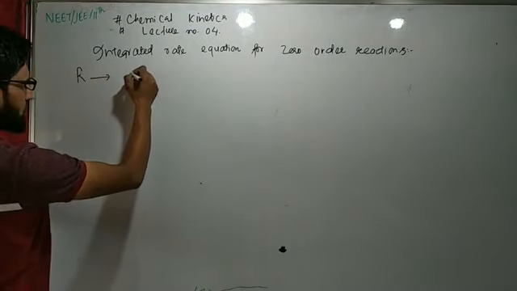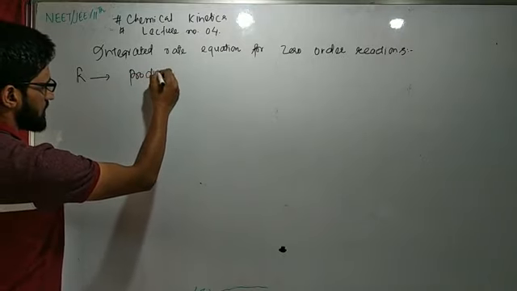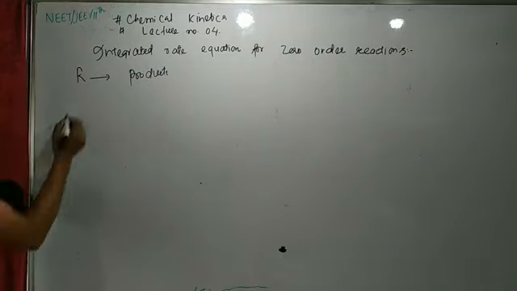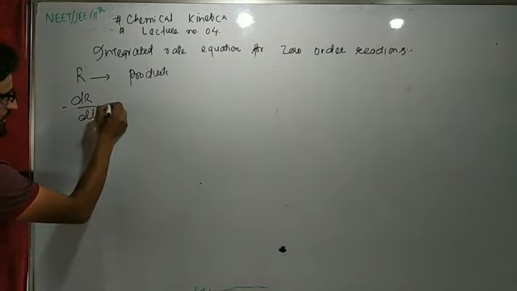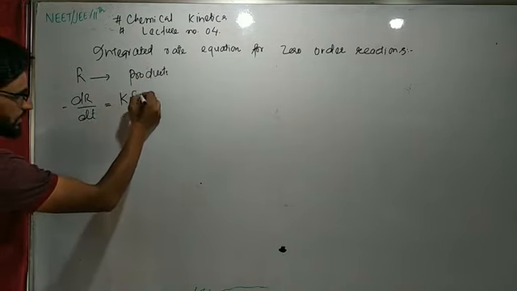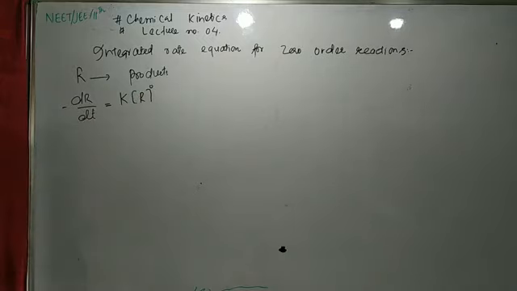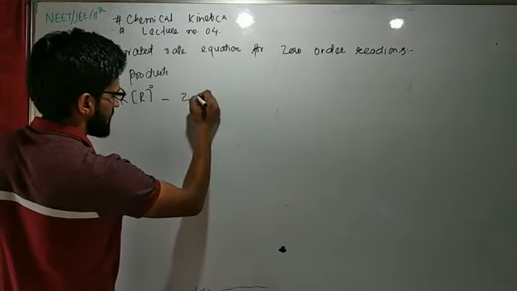For example, this is the general zero order reaction. dR divided by dt will be equal to minus k R power 0, because it is a zero order reaction.